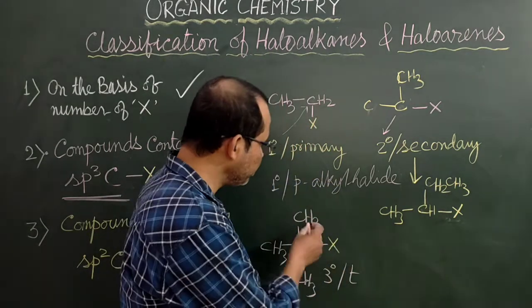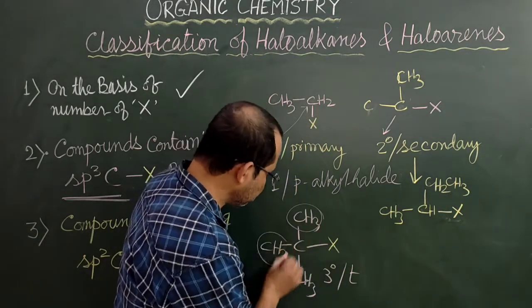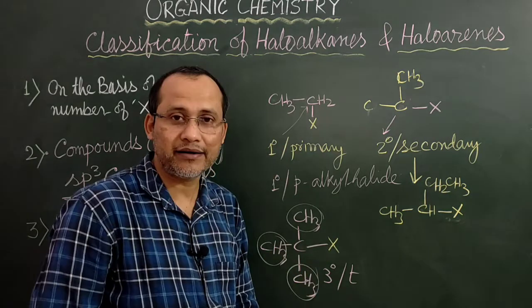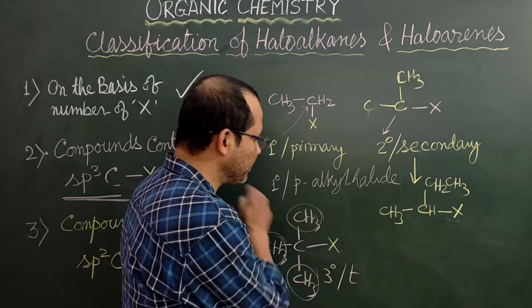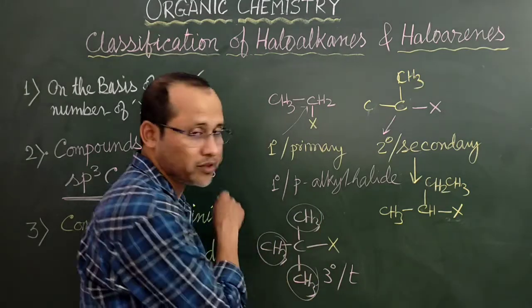Now in this, we may not always have a methyl group here; as I earlier said, this is the simplest one. You may write down here any alkyl group, this one also, this one also.